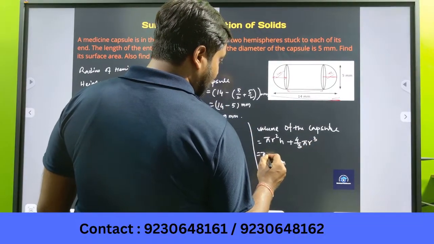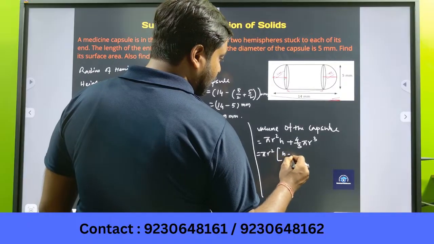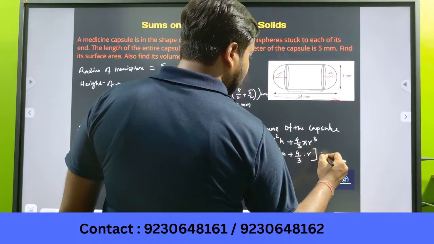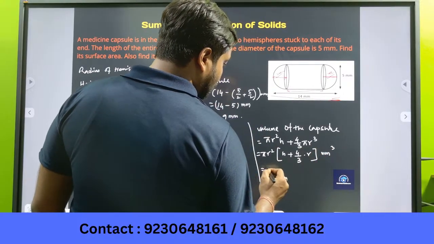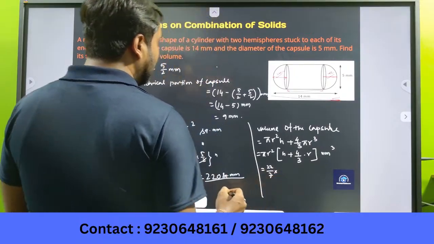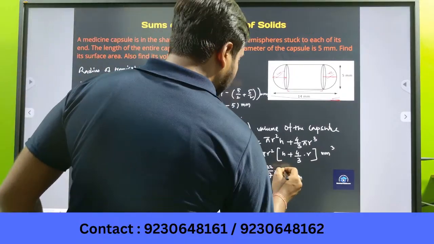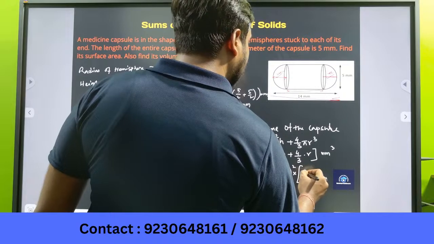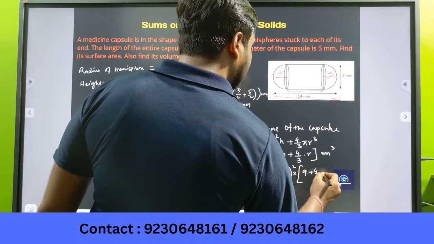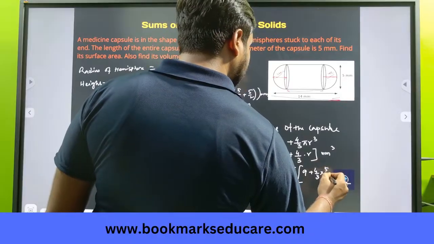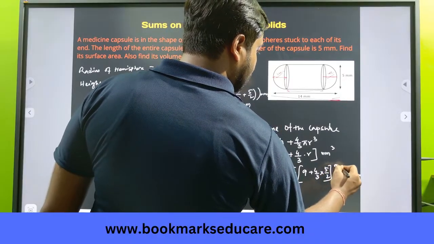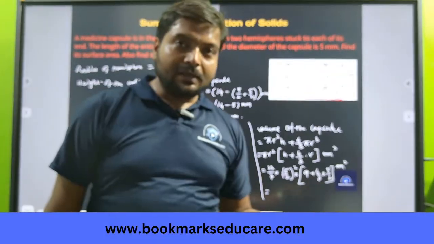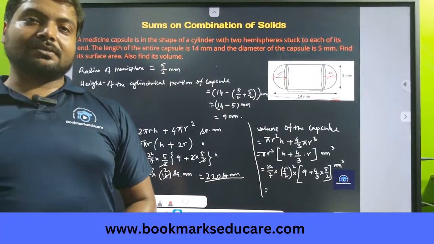That is, pi r square is taken as common, so from here h, and 4/3 into r, in millimeter cube. So this is 22 by 7 into r, here r is 5 by 2, h is 9, and 4 by 3 into r, where r is 5 by 2. So you are asked to solve this sum and comment down your answer in the comment box.